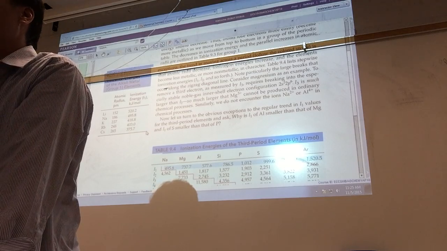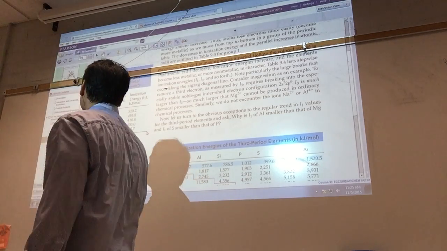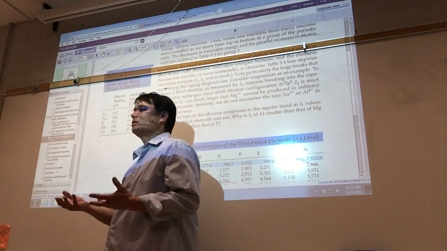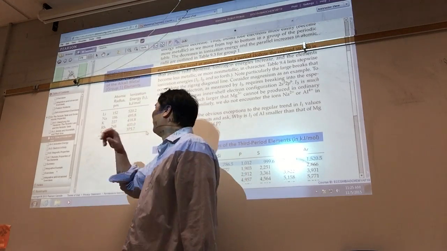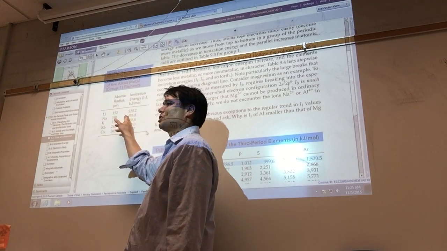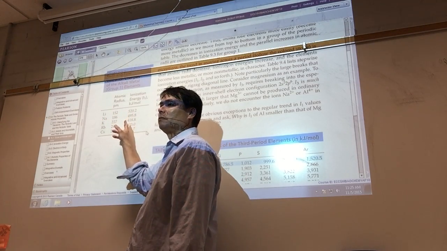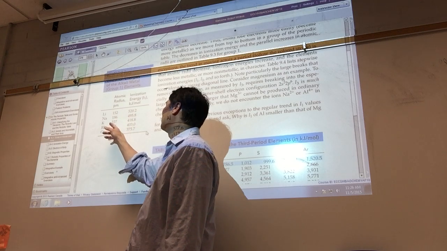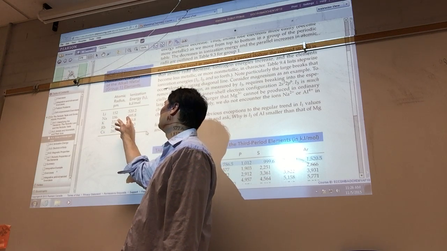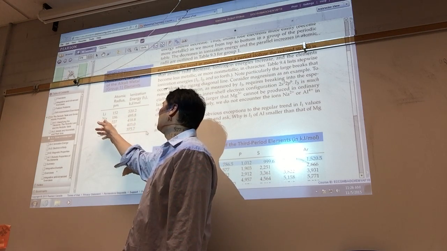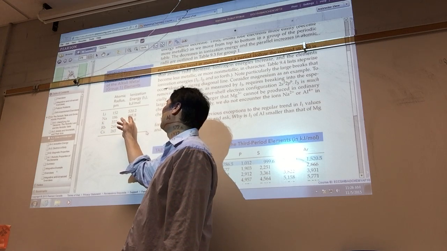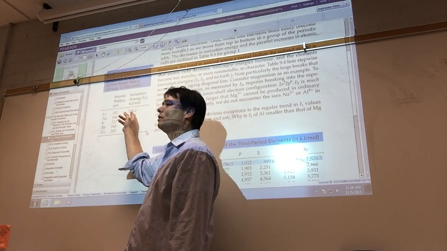Lithium. Lithium is the strongest reducer, meaning that it's the most electron rich. But when we look at the data, it doesn't match. There's a conflict here. Because lithium is the strongest reducer, and then sodium is a weaker reducer, but it's easier to pluck an electron off sodium. It only costs you 500 versus lithium, which costs you 520.